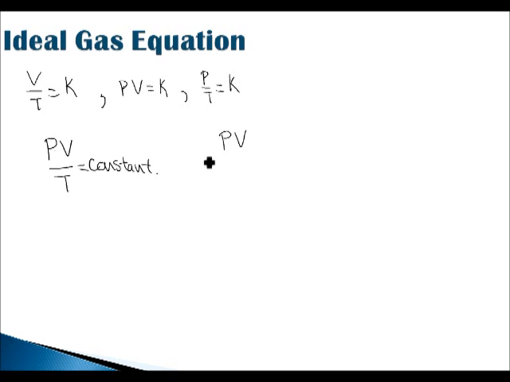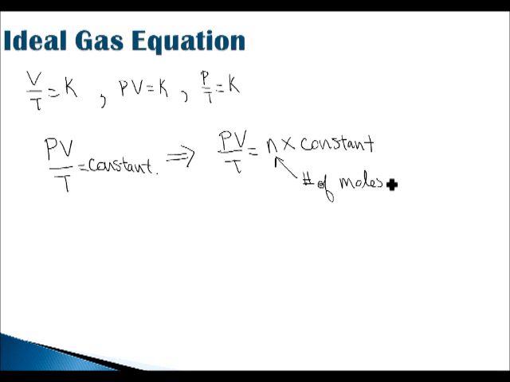However, we get this term, n times a constant. Okay, so this number, whatever it is, is proportional to the number of moles of gas. So this relationship still holds, it's just that it will be a bigger number, and that is proportional to how much gas there is, so how many particles of gas there are.